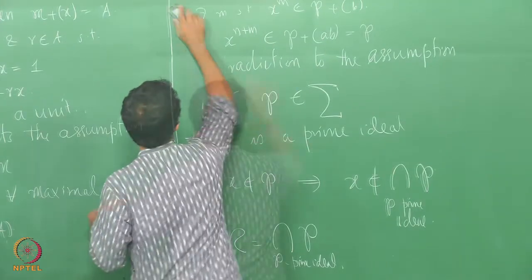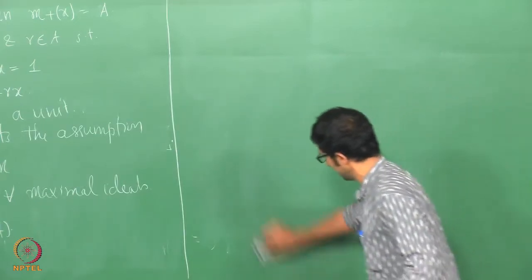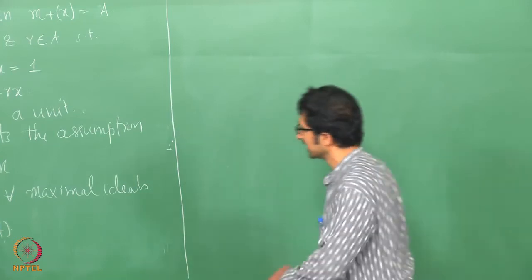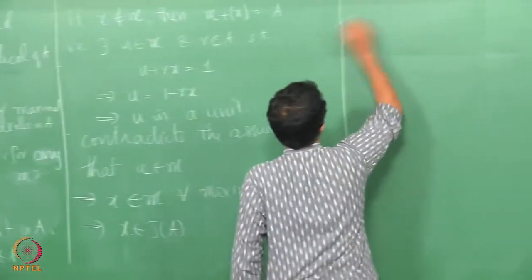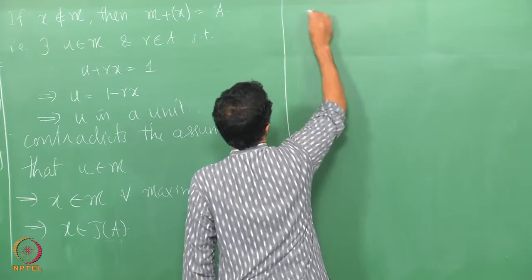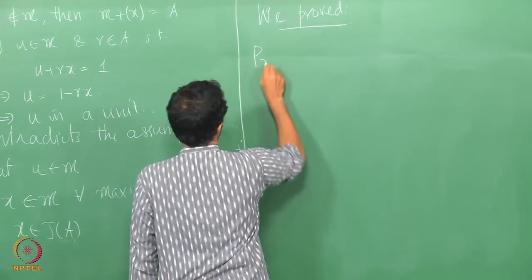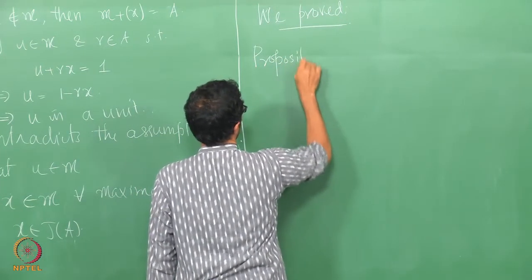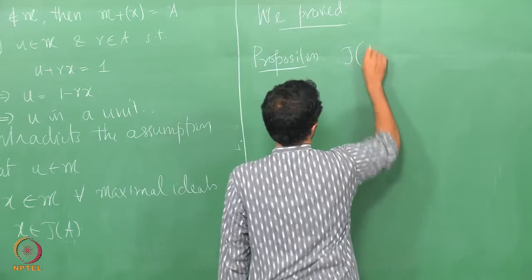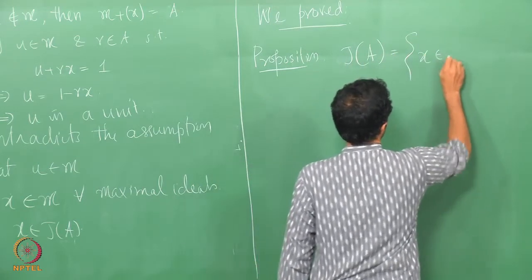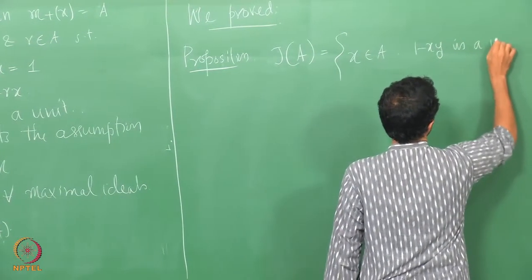So, what have we proved now? We proved that Jacobson's radical is the set of all x in A such that 1 minus xy is a unit for every y in A.